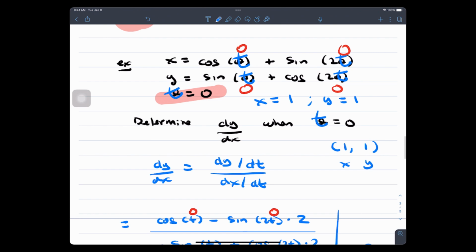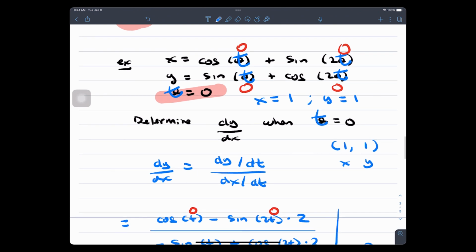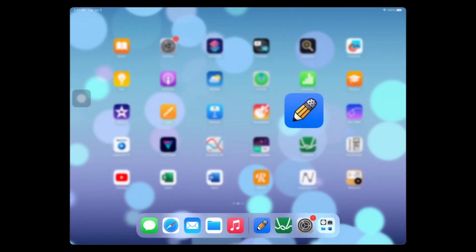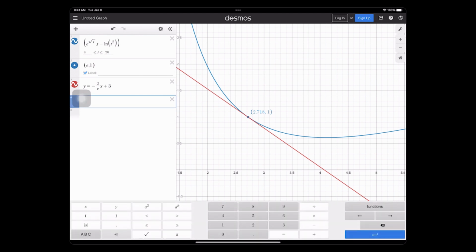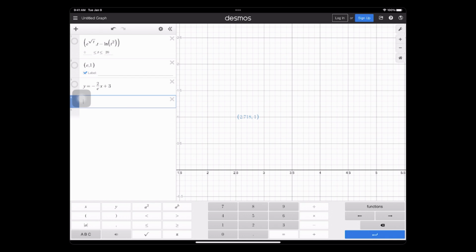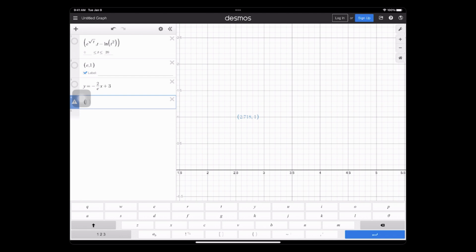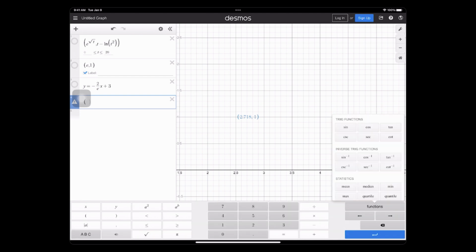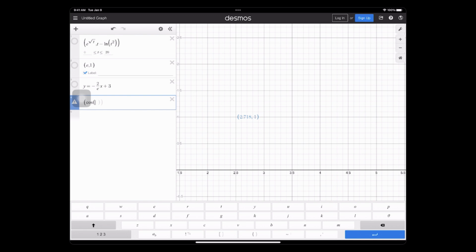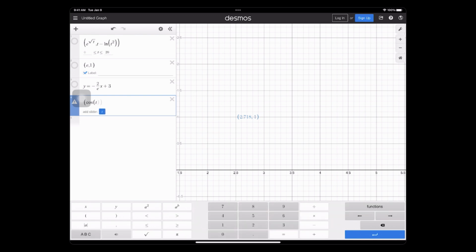Now, again, you might say, well, how do I believe you? Well, cosine t, so let's go back. X is cosine t. This is the x coordinate first. So, parametric. Cosine t, was that plus or minus?